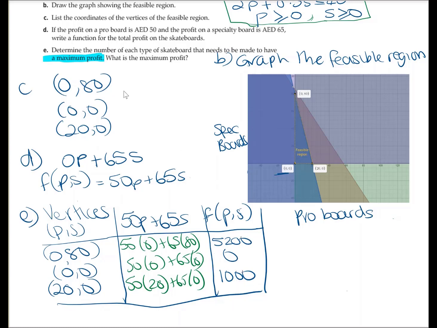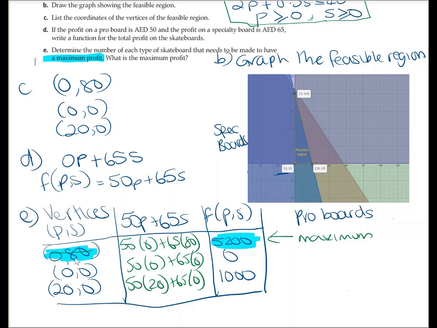And now we need to find our maximum. So the highest value, we'll find our maximum at this value here. So what does this tell us?